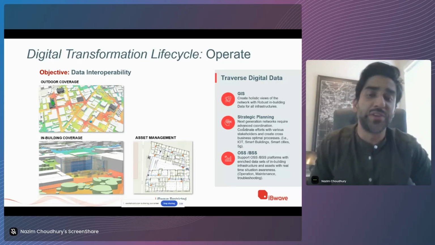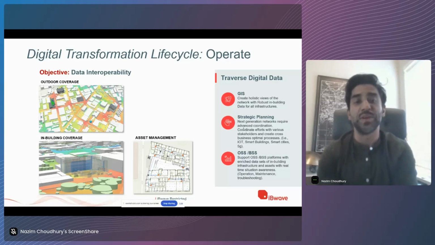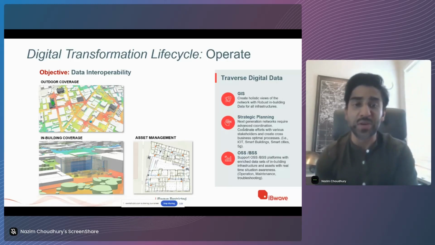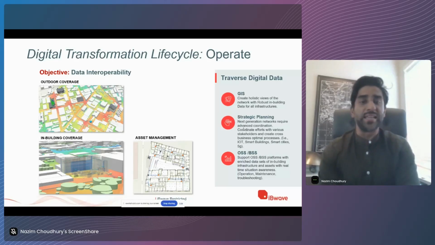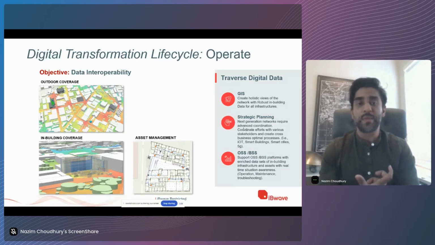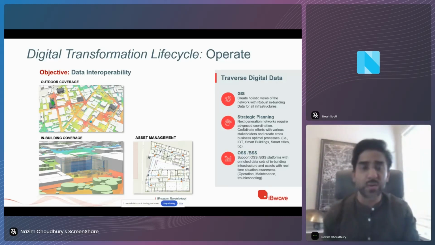Because at the end of the day, if your communication goes down, think about all the use cases that can be impacted. So again, having this holistic view and being able to manage all your assets, like I mentioned, in a technology agnostic mindset. I want to see my 5G assets, my Bluetooth assets, my Wi-Fi assets.